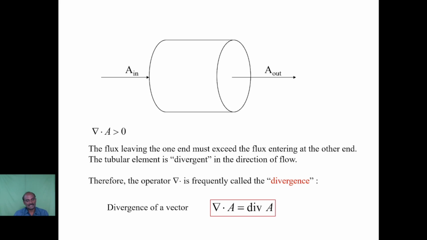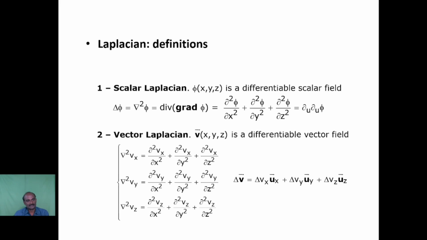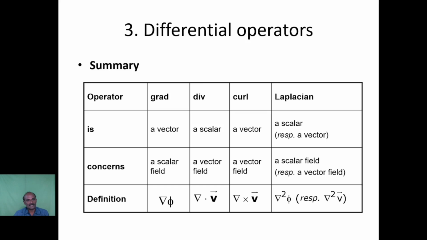It can be represented as del dot A. So the gradient of a vector A is nothing but the dot product of the del operator and the corresponding vector, which gives the divergence of any vector. For all the coordinate systems, we can get the gradient.